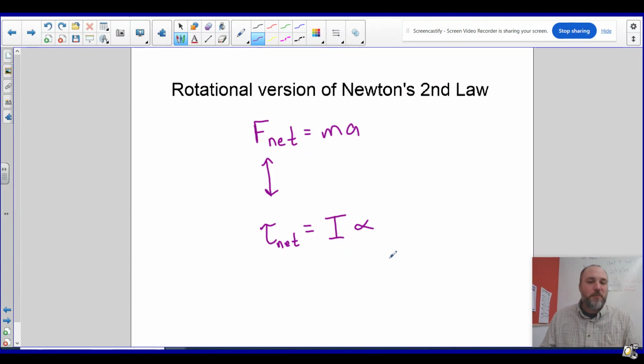So I come up with something that looks very similar to F net equals ma, and that is net torque equals I alpha. So I'll be able to do all the things that I had done with Newton's second law and apply to kinematics. I'll be able to do that in rotational as well. So I just need to determine the net torque, and I can determine the angular acceleration of a system.